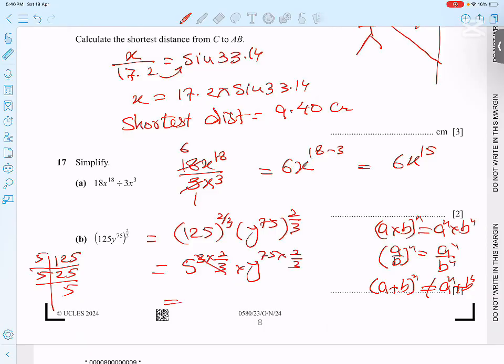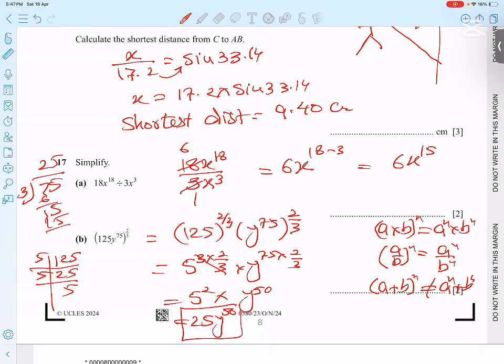The 3s cancel, 5 to power 2 is left, and 75 and 3 I can divide. 3 twos are 6, 15, 3 fives are 15, so I got 25. So y to power 25, and 25 into 2 becomes 50. And 5 power 2 is 25. So 25y to power 50 is our final answer.